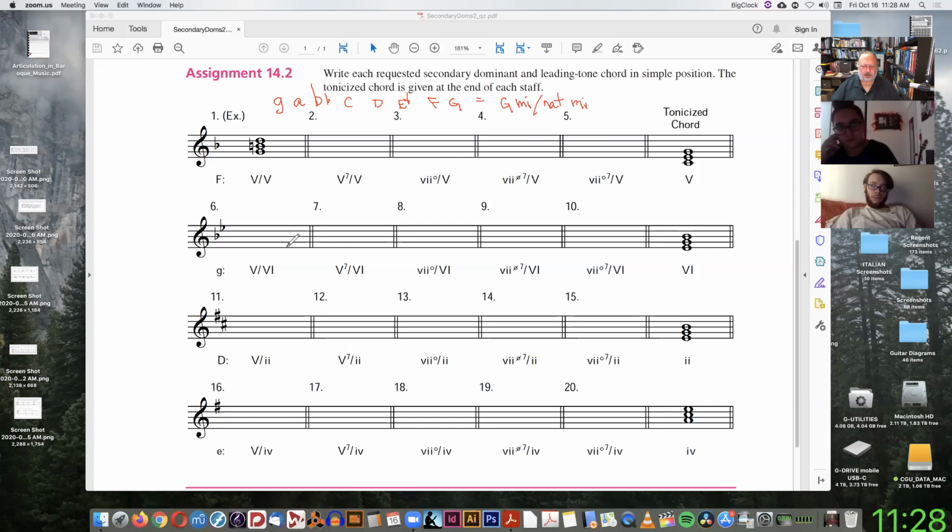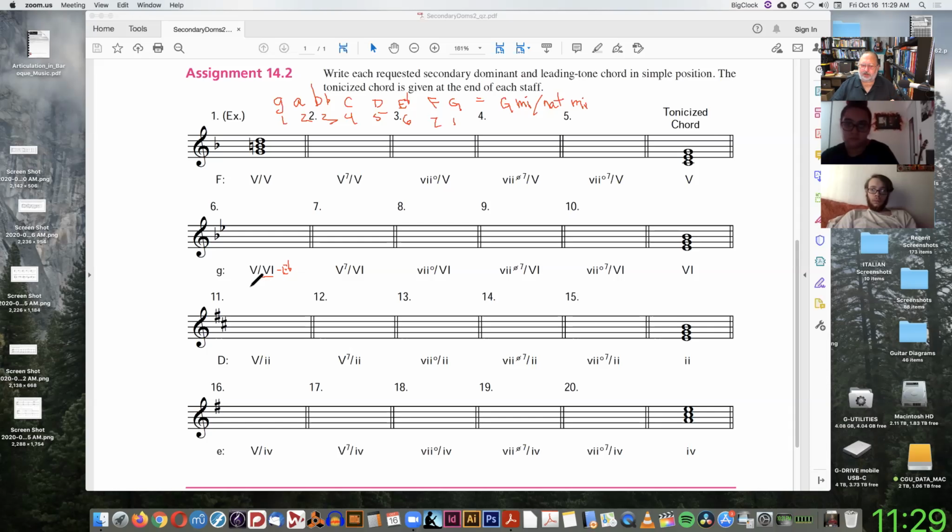So our 6 is going to be 1, 2, 3, 4, 5, 6, 7, 1. Our 6 is going to be E flat, right? And it's a major, right? Not a lowercase 6. So E flat. Now, E flat is our temporary tonic. We need to go to a 5 of E flat.